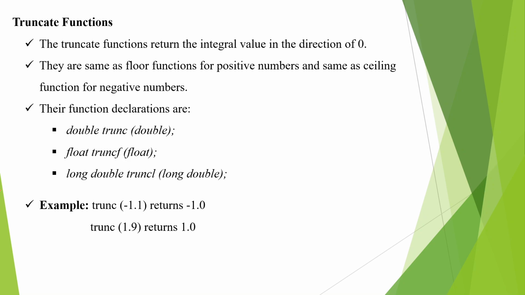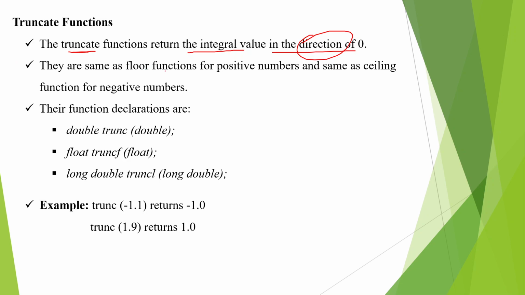That is what you can see here. This function always returns the integral value in the direction of 0. The truncate function always returns the integral value in the direction of 0.